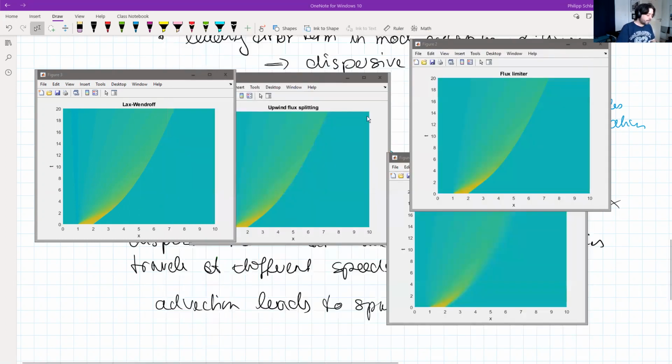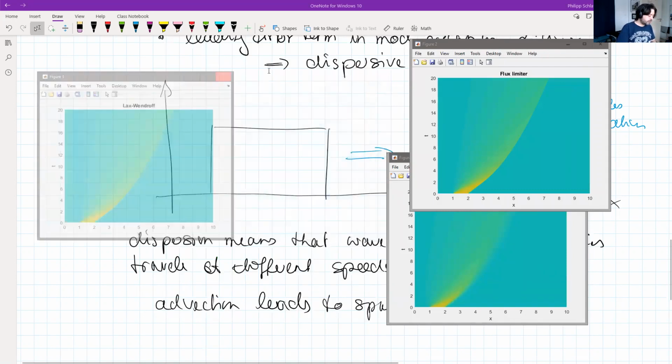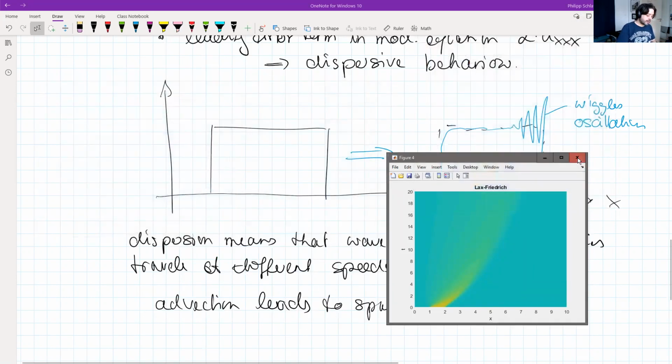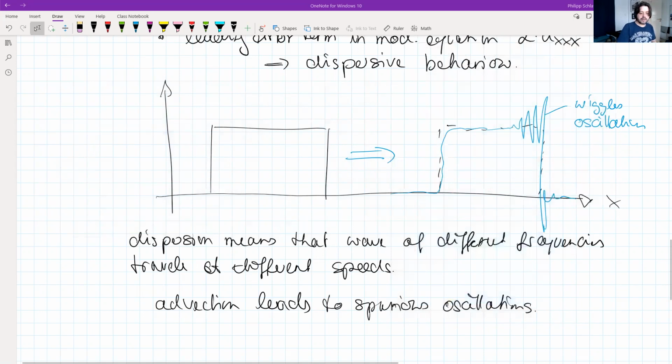Okay, now what I would like to show you to end this demonstration is a slightly more complex case. It's again the Burgers equation that I want to use, which is a nonlinear equation, but I would like to show it to you with a slightly more complex initial condition.